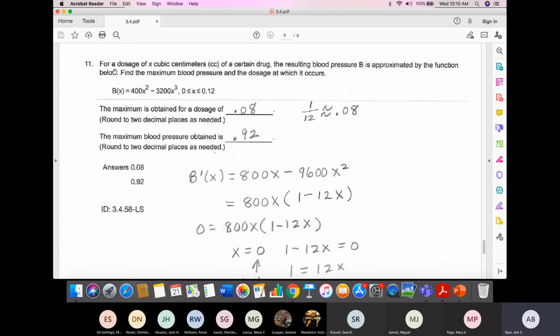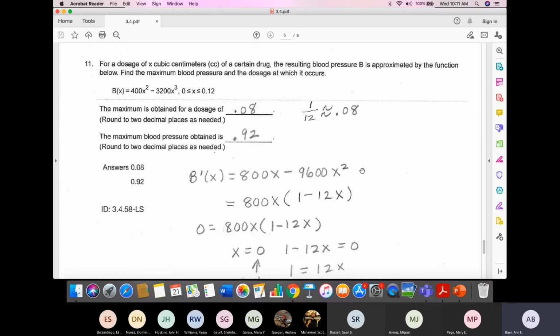This is our blood pressure function, B of X. Our X is the dosage amount. So let's start by taking the derivative. This 2 comes down, gives us 2 times 400 is 800. Minus this 3 comes down, multiplies with 3,200 to give us 9,600 X, reduce the power by 1 and get X squared.